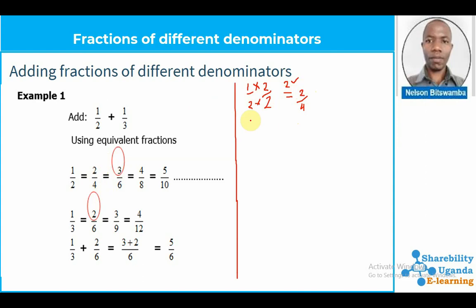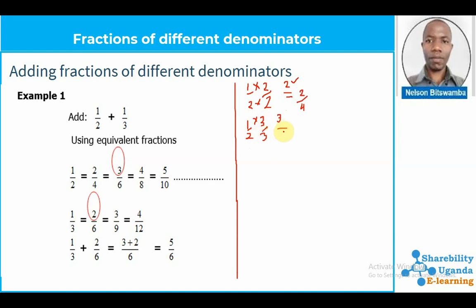Let's get another multiple of 1 out of 2. We are going to take a 3 to be our value. We multiply our numerator by 3, and also multiply our denominator by 3.